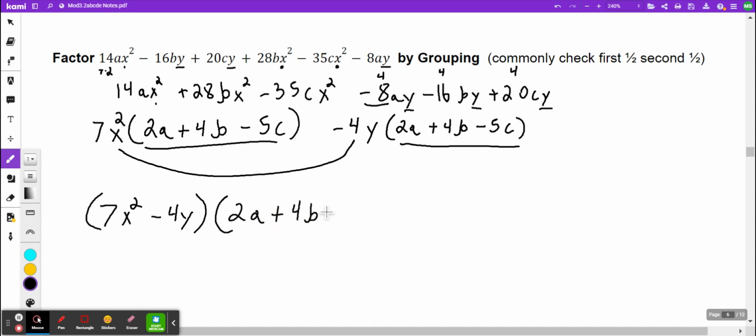Now you might be thinking, wait a second, why can you do that? Well, let's say I had 15. If I said I have 5 times 2, and I had 10 times 2, I'm pretty much saying, take these, put them together, I get 15, but I'm still timesing it by 2.